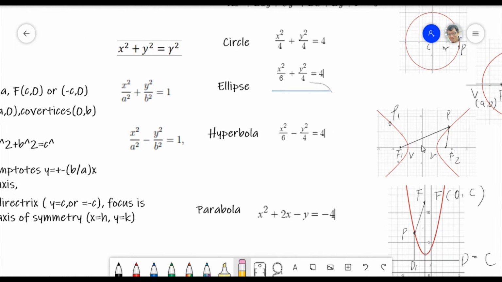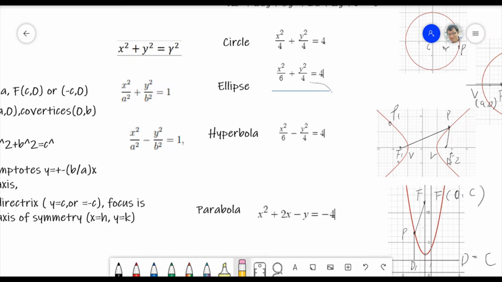Since this has two parts, right, there are two asymptote lines: y equals b over a, and another is y equals negative b over a. These are two crossing lines passing through the center, and by definition these two lines are closest to the hyperbola, but the hyperbola will never reach them.